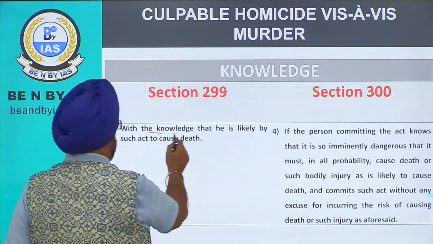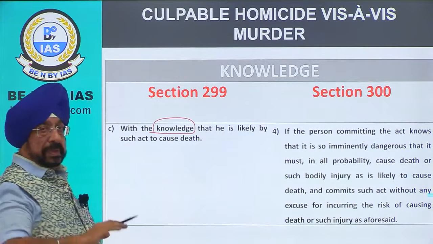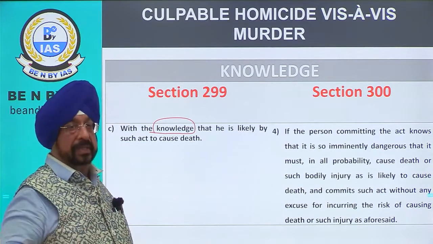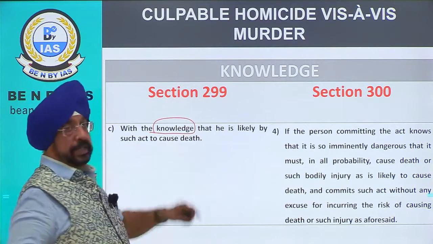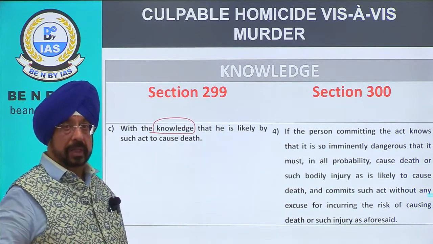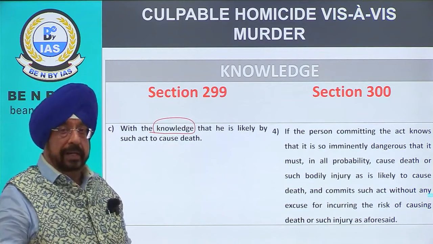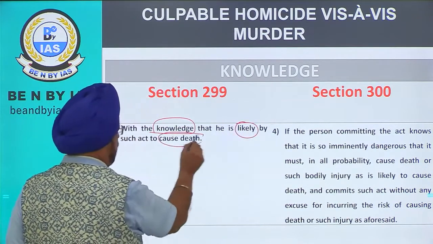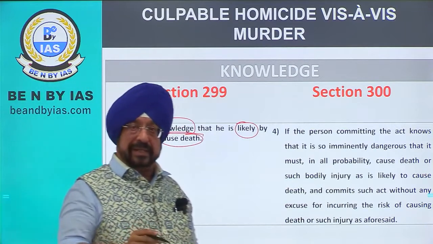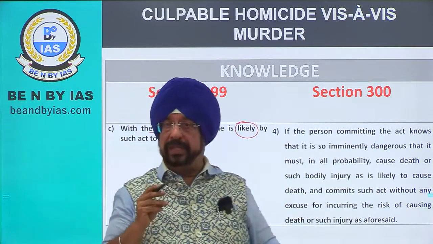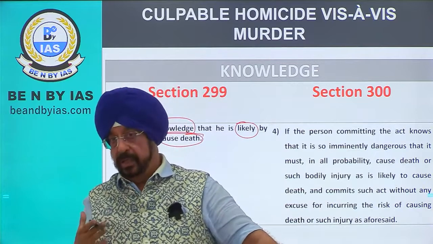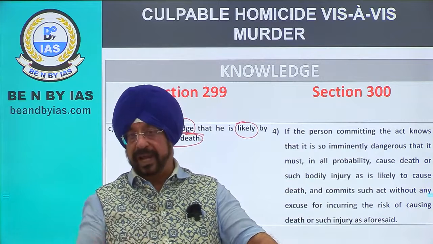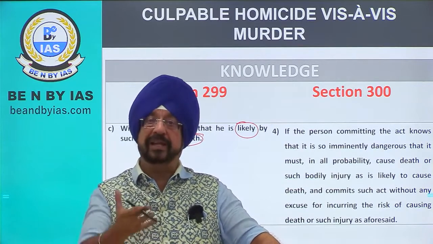With the knowledge. Now intention goes and comes the second level of mens rea, the lower level of mens rea, knowledge. Knowledge of what? That the act he is doing is likely to cause death. By doing that act, he has the knowledge, that means he has the consciousness. In his mind, he has clarity that the act I am doing is likely to cause death.